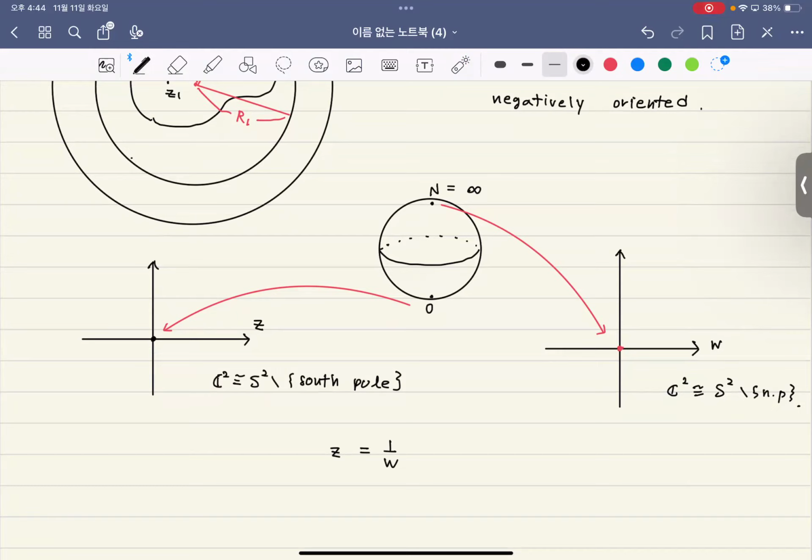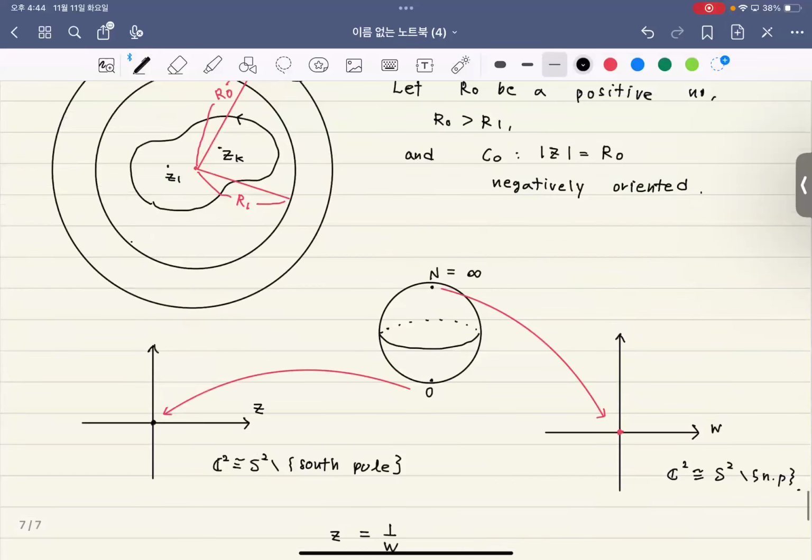So suppose my function is defined on this z plane, the plane where we usually work, and it has a simple 0 at this point. From the viewpoint of the w plane, the simple 0 at this point should be understood as a simple pole on the w plane.